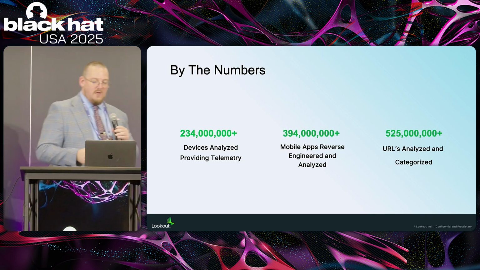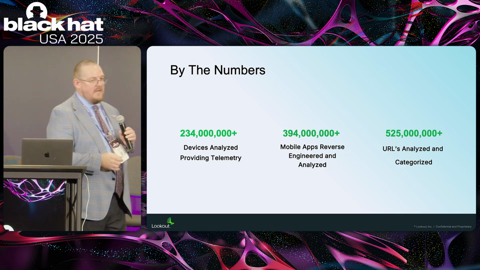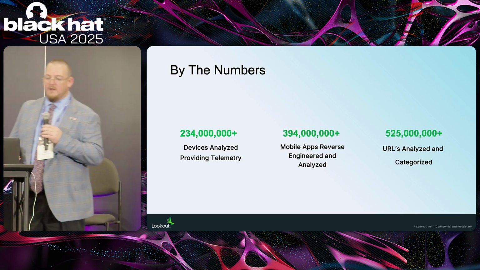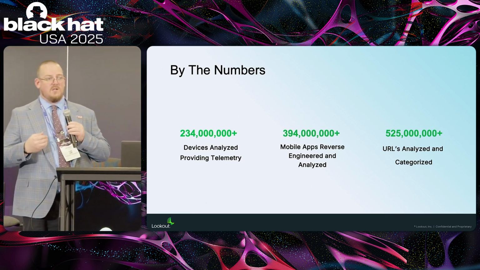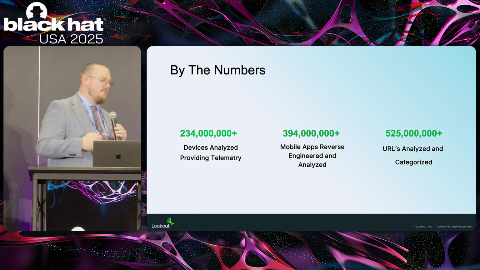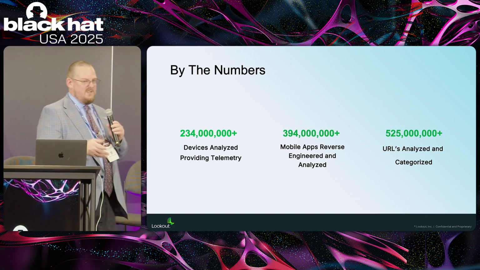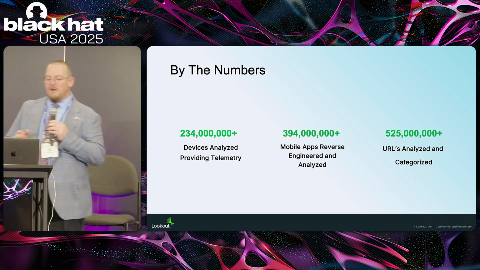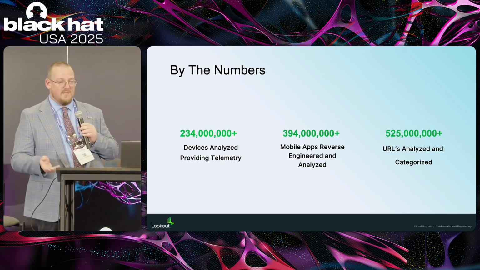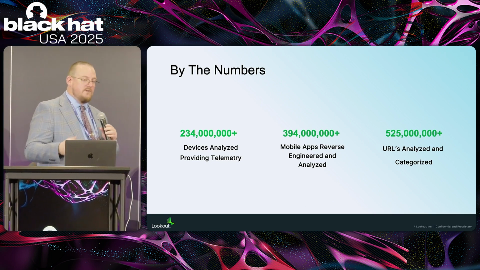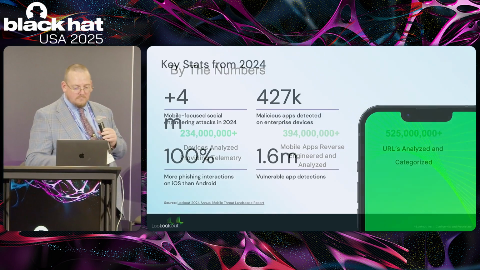We've also analyzed and categorized over 525 million URLs. That's important when we talk about phishing kits and smishing, all the ways of tricking a user into clicking on something they shouldn't.